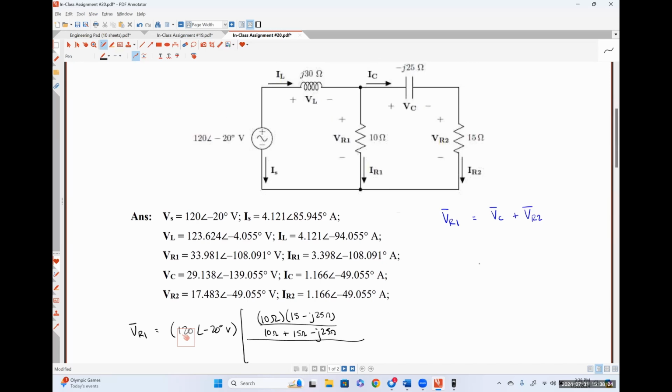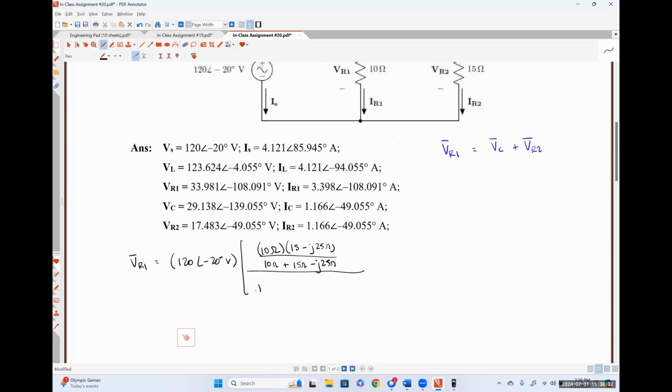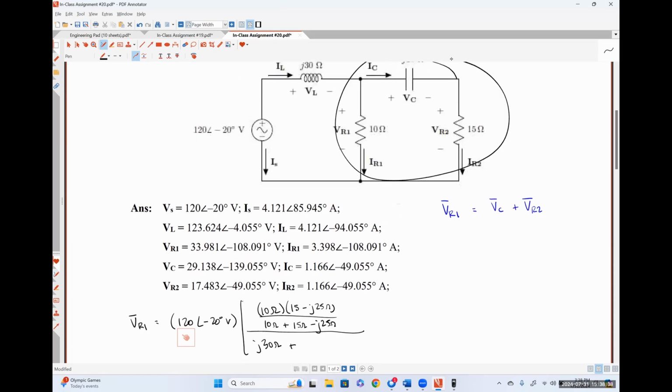And in the denominator, I just put the total series resistance seen by that voltage source. So it sees the J30 ohms first, and then it sees that parallel equivalent resistance of everything on the right.